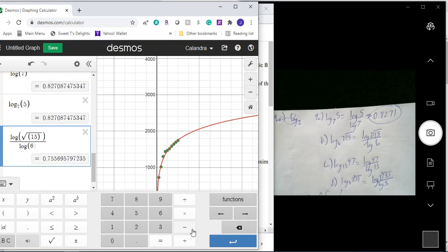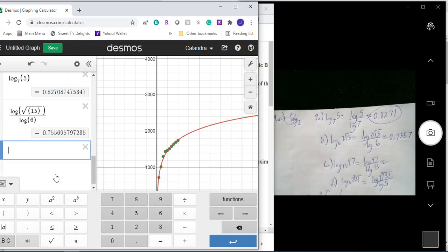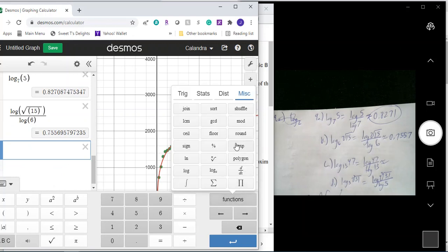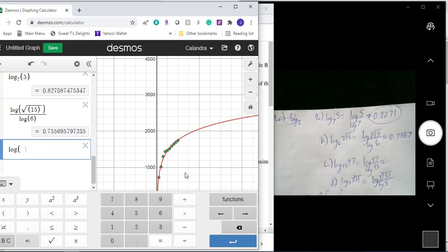So that'll give us, rounded to 4 decimal places, approximately 0.7557. Now, we go on to the next problem here. We have log 47.